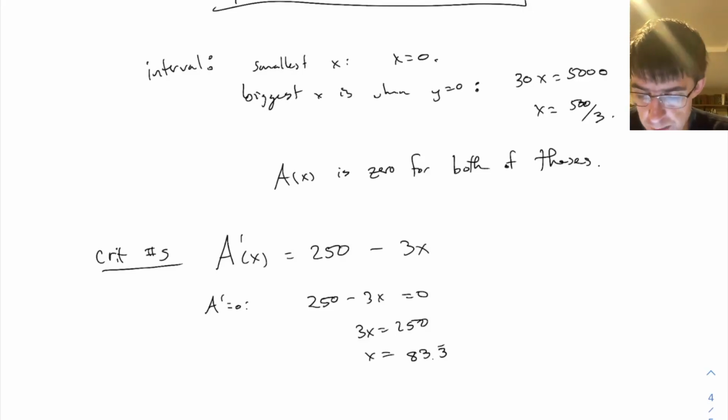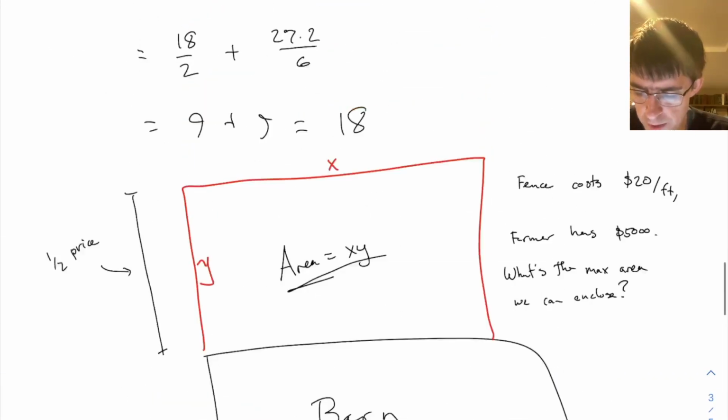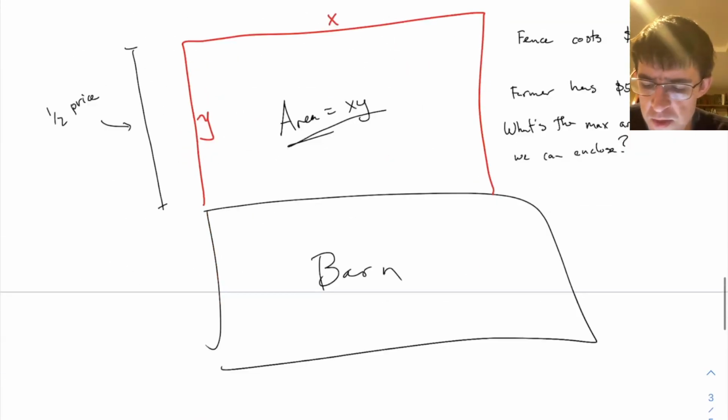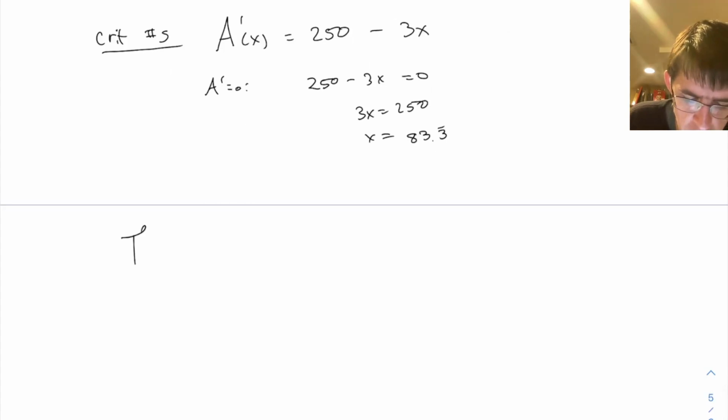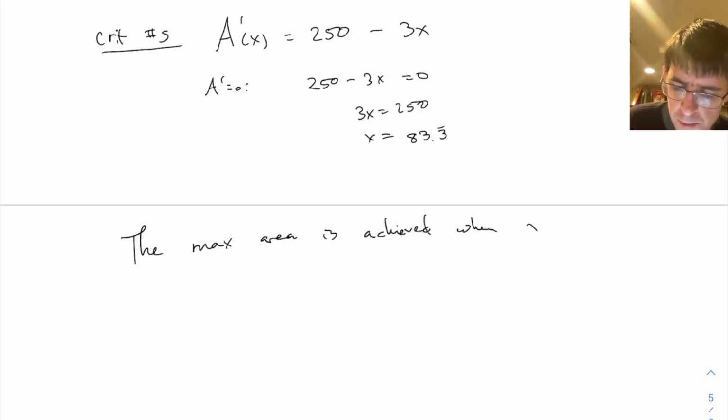Specifically, the question that was asked was, what is the maximum area? So that's not actually this answer. The maximum area is achieved when x equals 83.3 repeating. This area is, how would I do that?